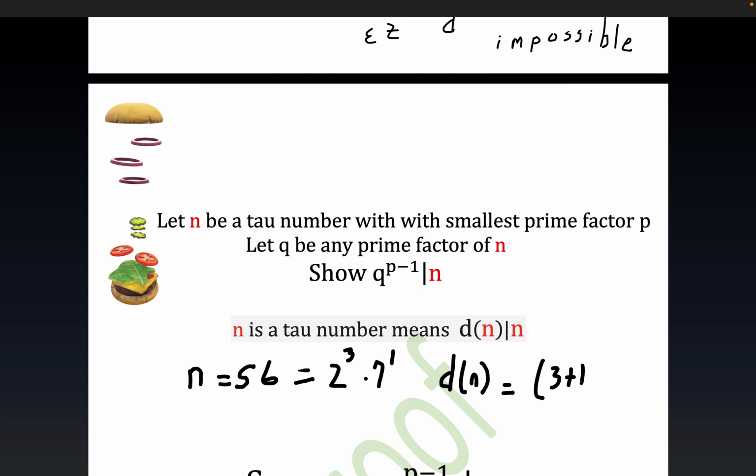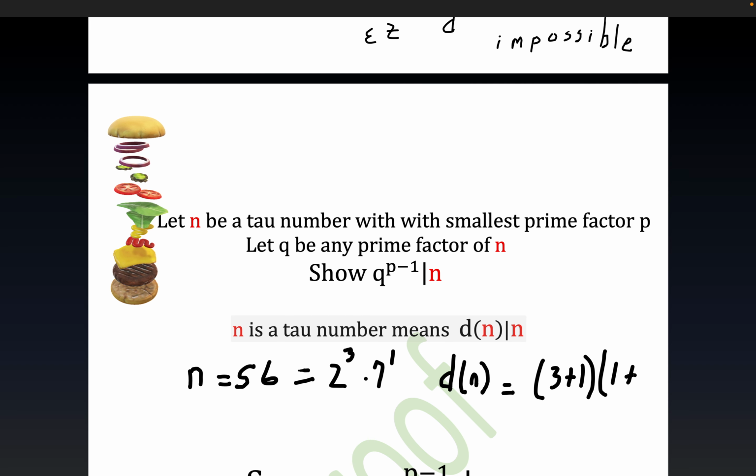This is a fairly elementary counting argument, and then 1 plus 1. So you see what we did is we just incremented both of the exponents present in the prime factorization of 56. If you carry out this multiplication, you get 8 divisors.